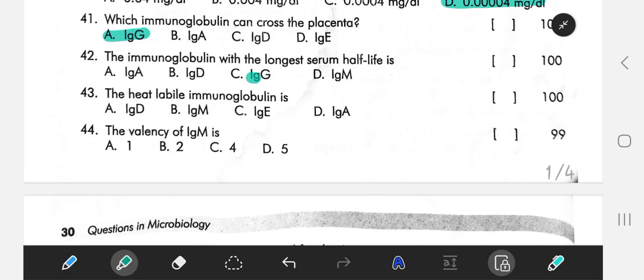Answer will be C. The immunoglobulin with the longest serum half-life is immunoglobulin G.